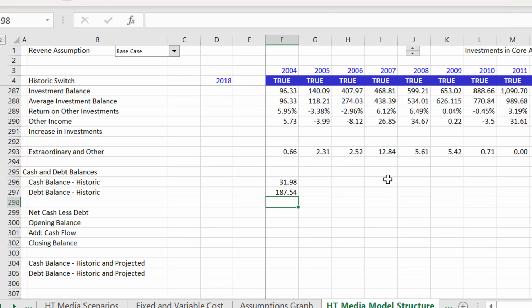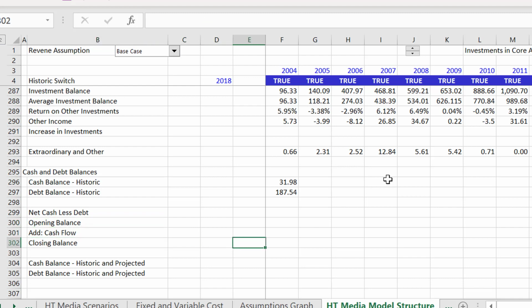Okay, I think we're just about ready to finish it up. So we'll put in some cash balance and some debt balance, at least for the historic periods. And then to make it very simple, we'll just combine the cash and the debt together. It's kind of like net debt in reverse. We'll make an opening and closing balance.